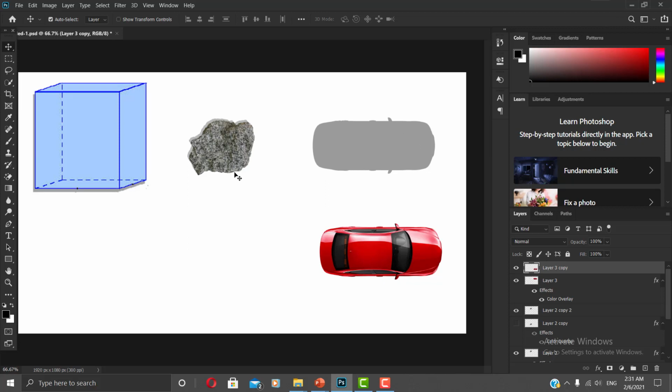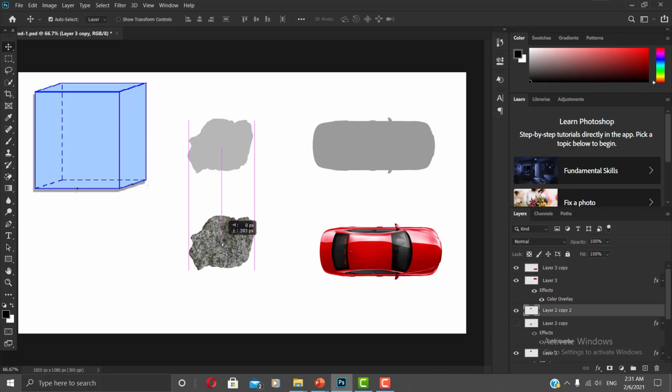Taking the second example, which is this rock, if we move this rock from its place like this, we will notice that, the same as the car, the rock was taking a place, was occupying a place. This place that was occupied by the rock is the volume of the rock.